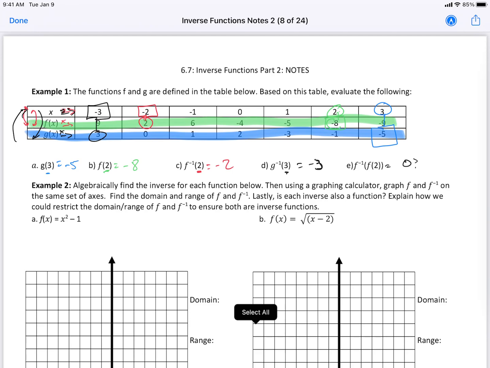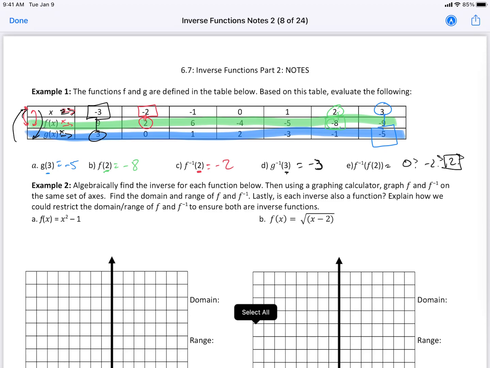Any others? No. What? -2? Any other guesses? 2? Any other guesses? Okay. It is actually 2.